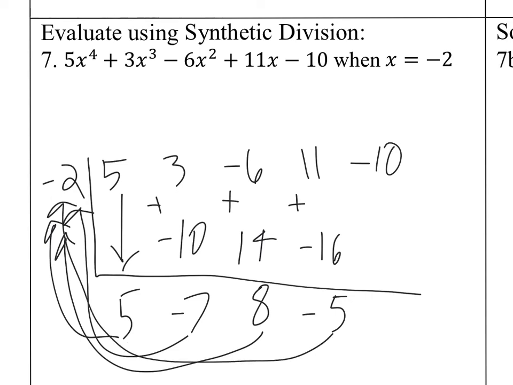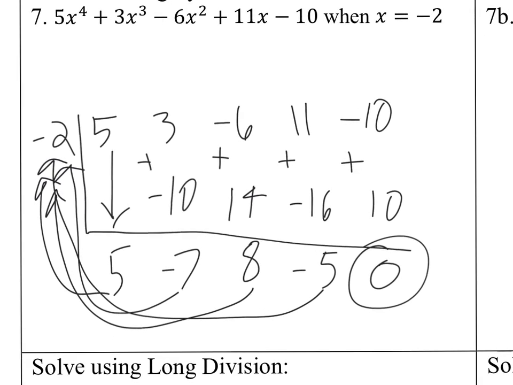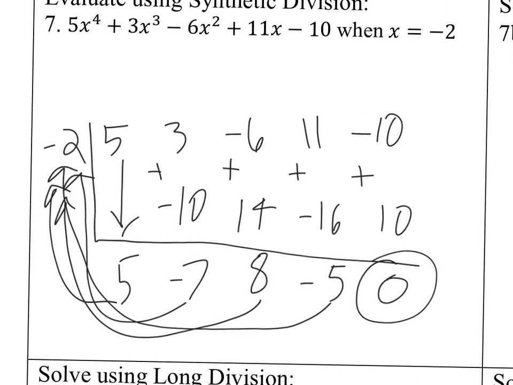What's negative 5 times negative 2? Positive 10. So what is negative 10 plus positive 10? 0. So when you evaluate, the last number is your answer. And so my answer is 0. So that's why I circled it. So yeah, that's it.